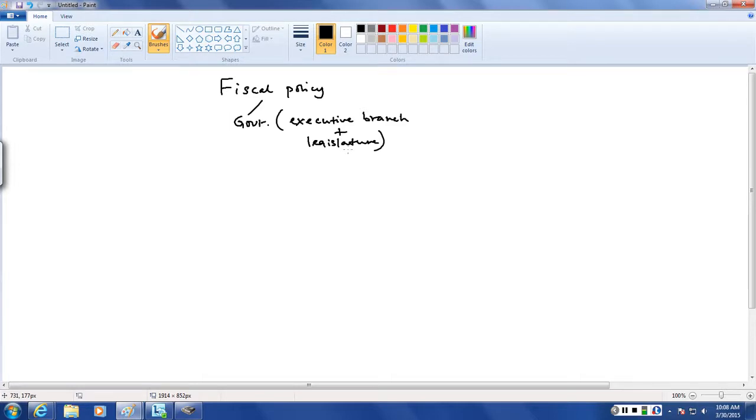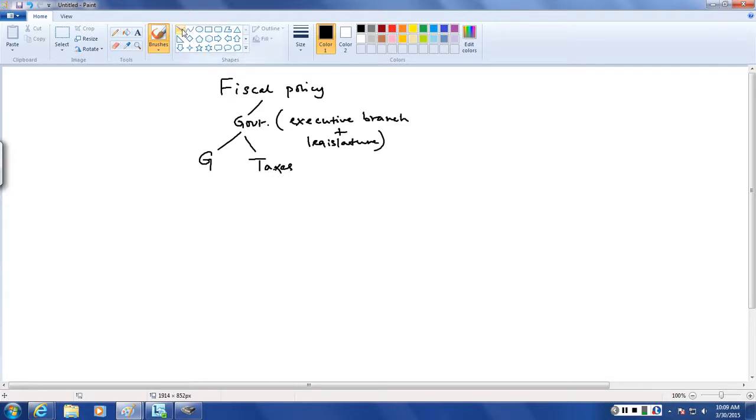And what does fiscal policy involve? We've mentioned this before, but I'm repeating. All decisions about government spending and taxes. So that's fiscal policy, correct? And now I was saying that you can think of fiscal policy as being broken up into two types.